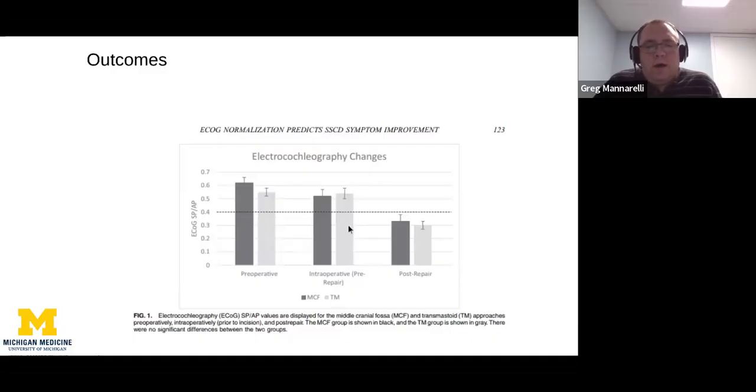This was the ECOG SP-AP ratio at baseline in the OR, which showed it was still abnormal, though it varied a little bit from the clinic testing. And this was, I believe, the intraoperative ECOG post-repair average, showing that statistically these patients improve well below their baseline SP-AP ratio, even on the day of their surgery.